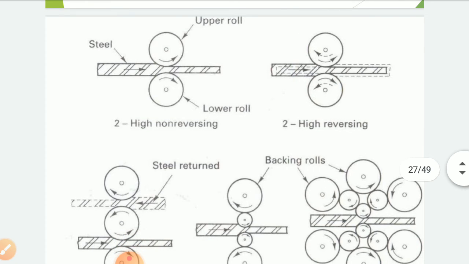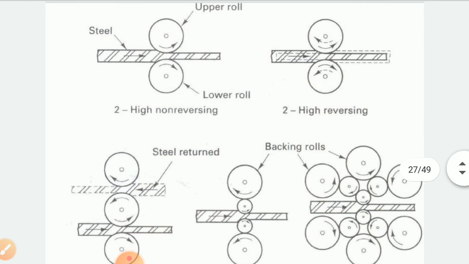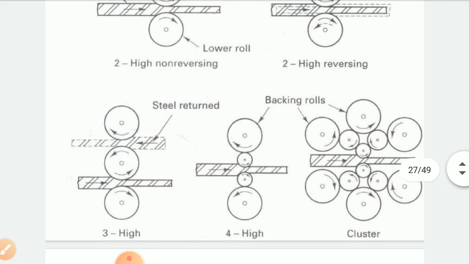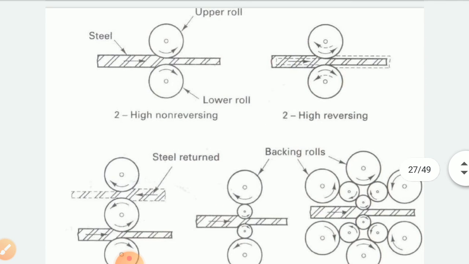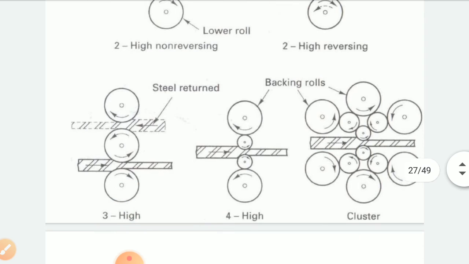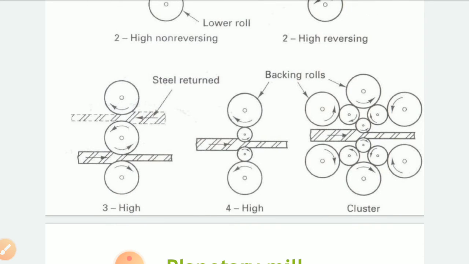Now you can see here, this is a different type of rolling process. If you are using two rollers, then the name given is two high non reversing rollers. In two high reversing rollers, you can reverse the direction. Here there are a total of 3 rollers and 2 workpieces, so you can get good production.